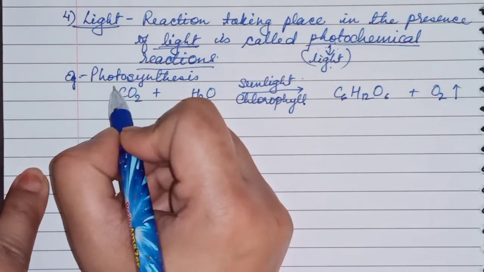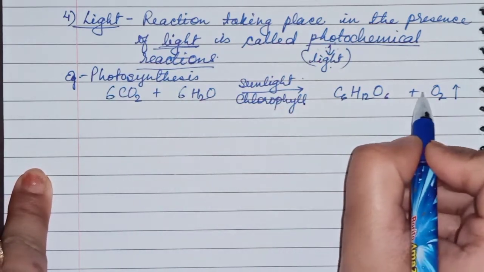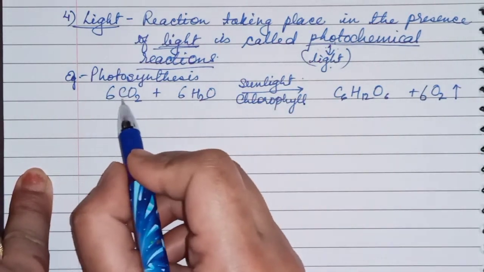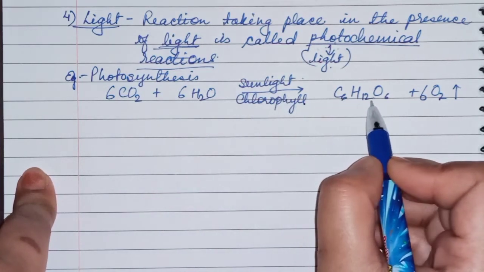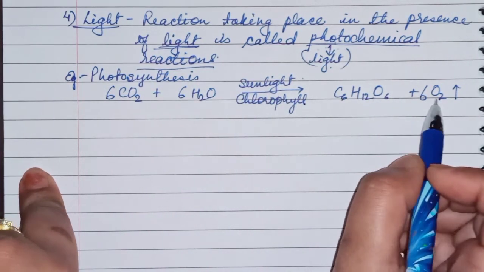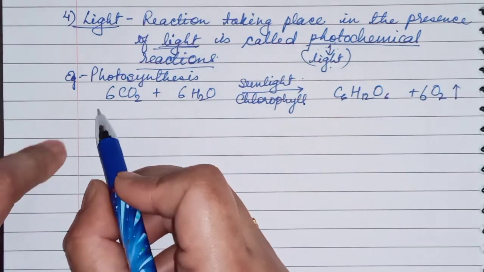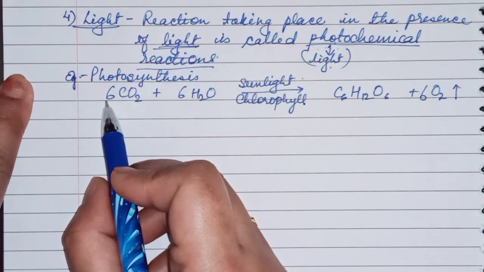The balanced chemical reaction is 6CO2 plus 6H2O gives C6H12O6 plus 6O2. So remember the balanced chemical equation for this.